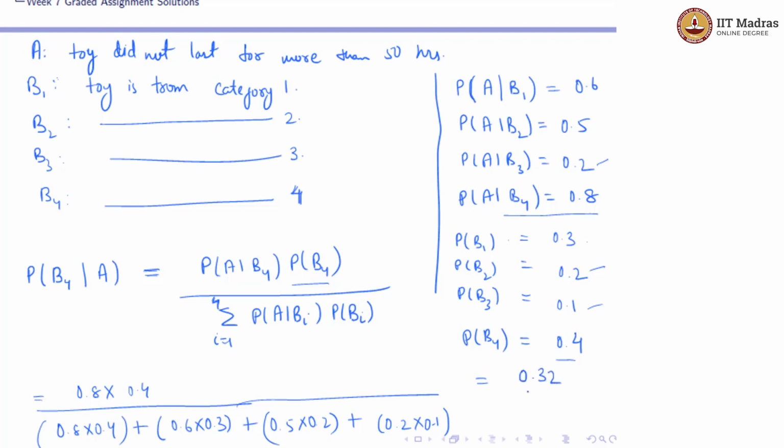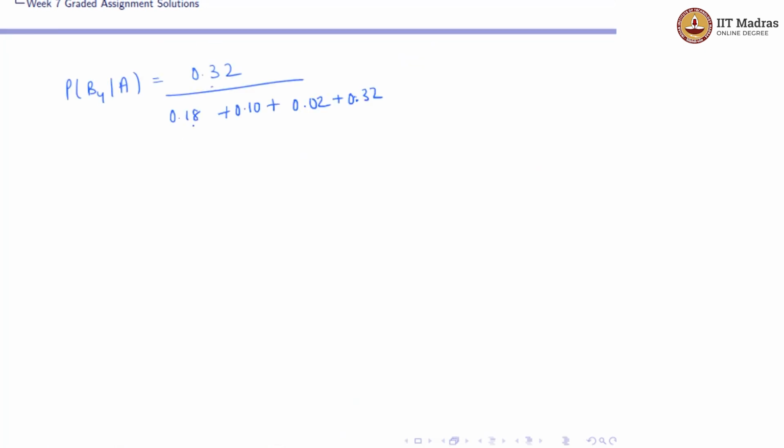So this is 0.32 divided by 0.32 plus 0.18 plus 0.1 plus 0.02. So if you solve, this is 0.32 divided by 0.62, that is 0.516. So this is the correct answer.